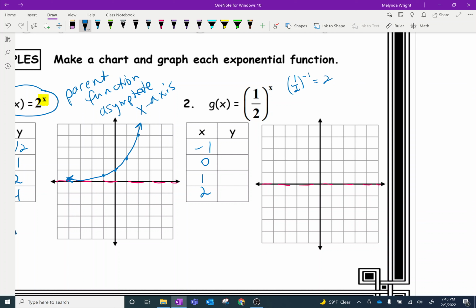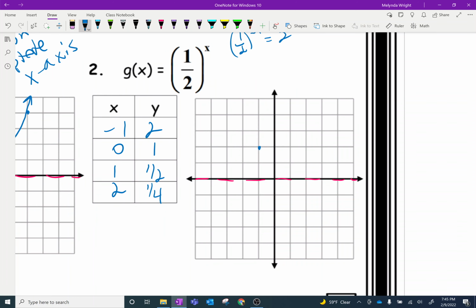It gives me a 2. 1/2 to the 0 is 1. 1/2 to the first is 1/2, and 1/2 squared is 1/4. All right, so let's graph this one. So -1, 2, 0, 1, 1, 1/2, and 2, 1/4.